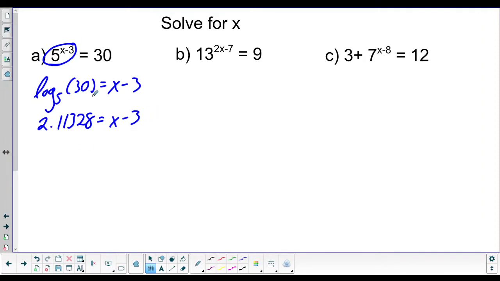Then all we do from here is we solve for x using inverse operations, and this should be pretty easy because even though this is a weird looking decimal, adding 3 to both sides is not very hard to do. 2 plus 3 is 5 plus the decimal. So x equals 5.11328.